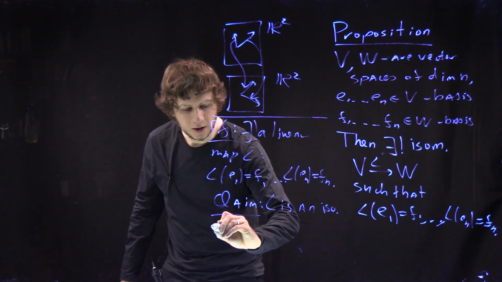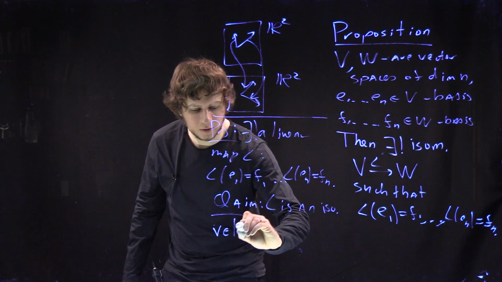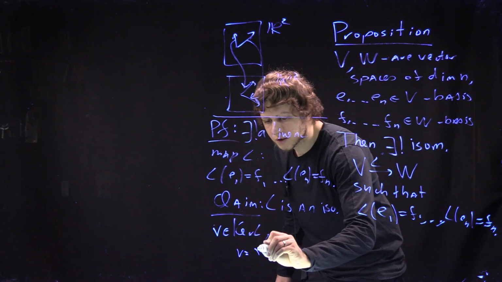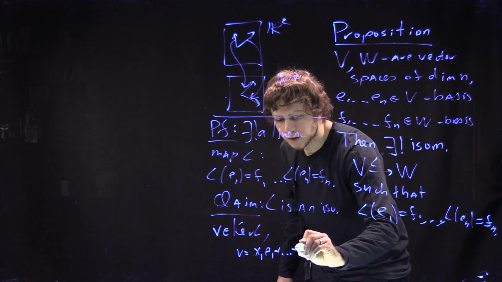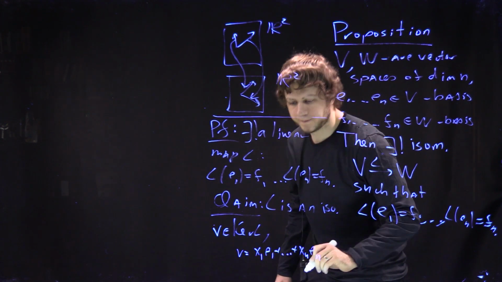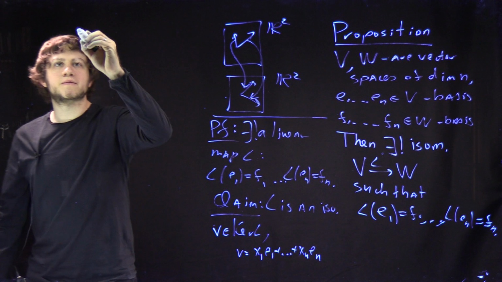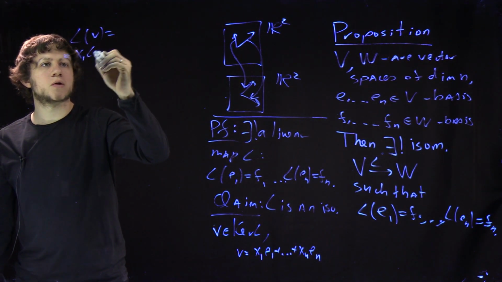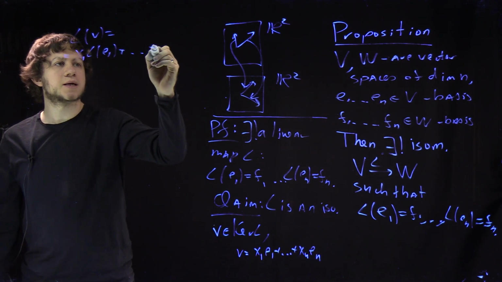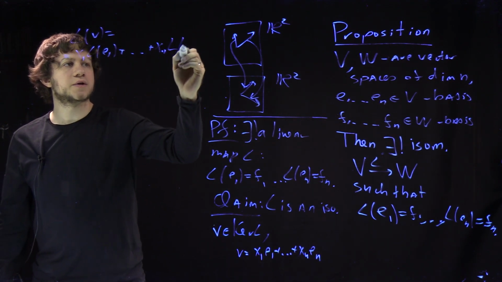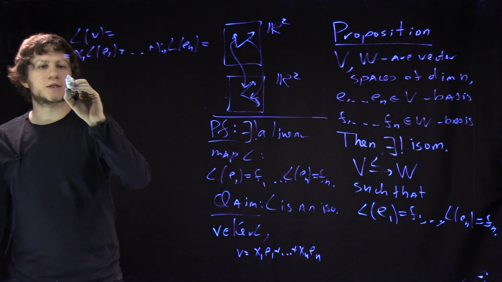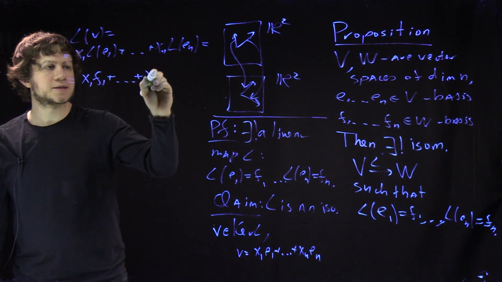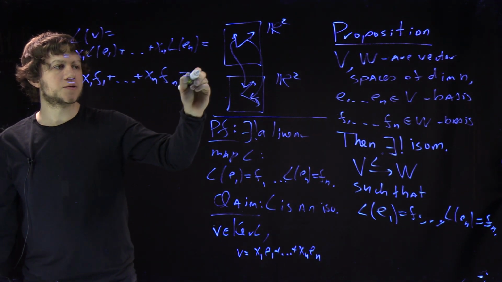Suppose vector V is inside the kernel of L, and V equals x1 E1 plus and so on plus xn En. Then of course L of V equals x1 L of E1 plus xn L of En, which is the same as x1 F1 plus xn Fn equals 0.